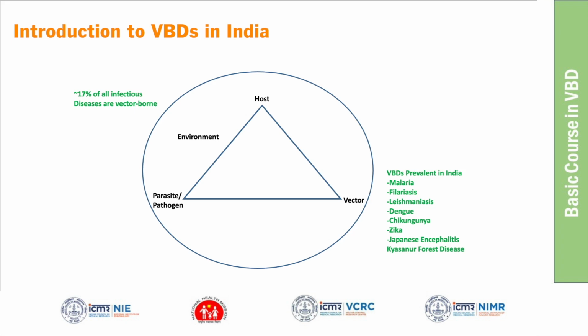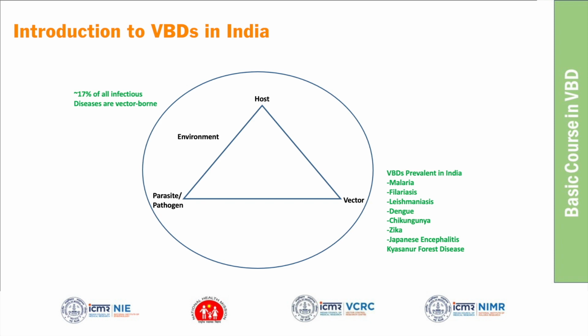Of course, Zika is now emerging, Japanese encephalitis, Kyasanur forest disease, popularly known as KFD, and scrub typhus and tick typhus, which are not so well known, but are present and diagnosed from time to time. And scrub typhus is definitely a fast emerging infection in our country.